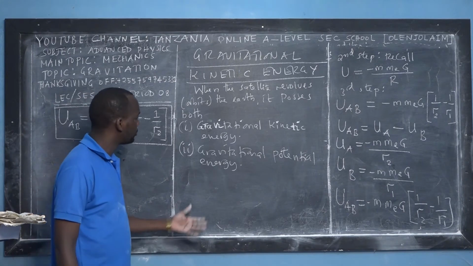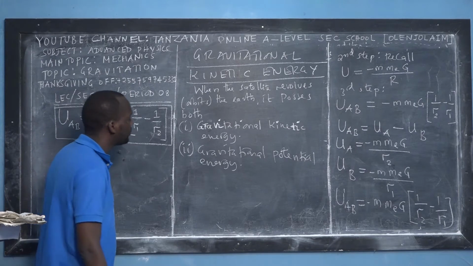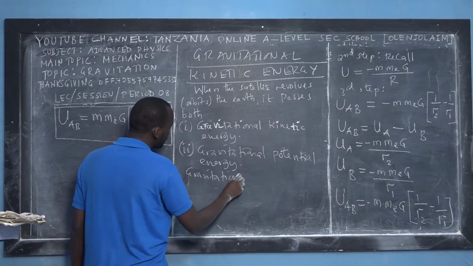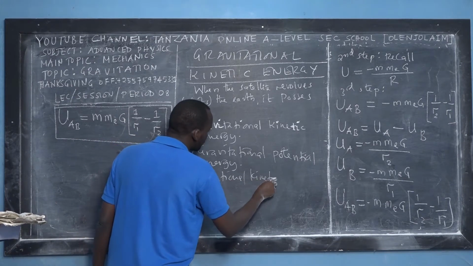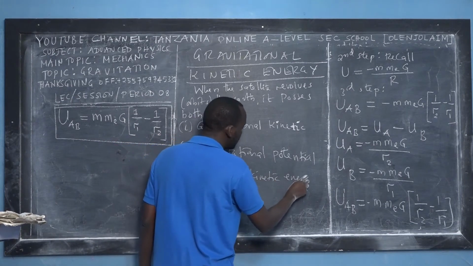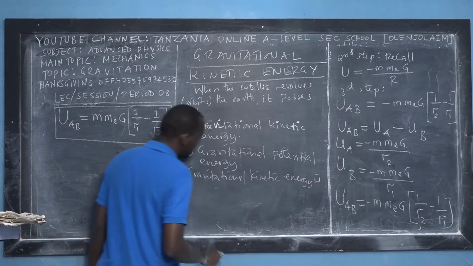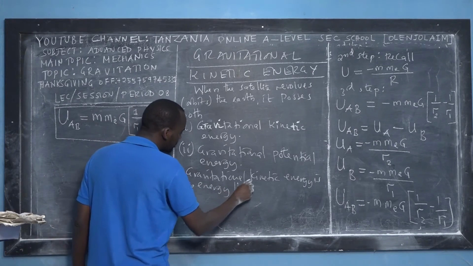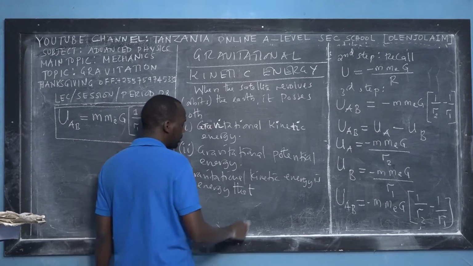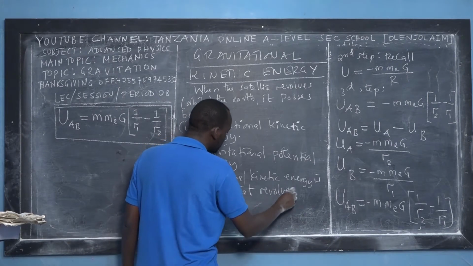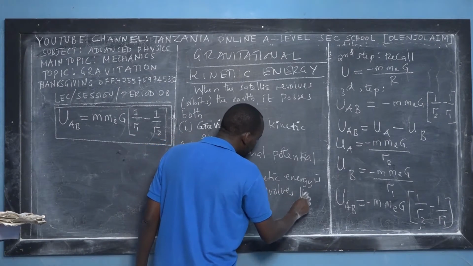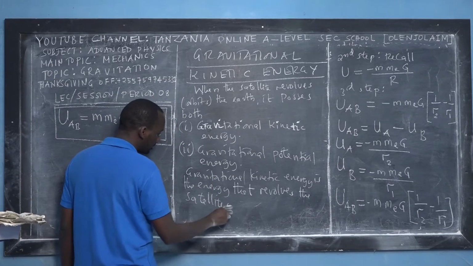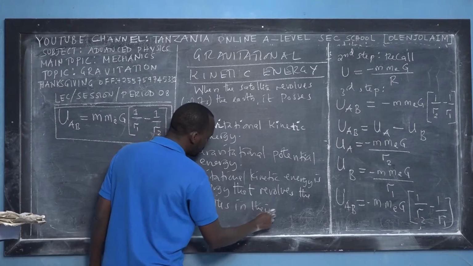So we say that gravitational kinetic energy is the energy that revolves satellites in the orbit.